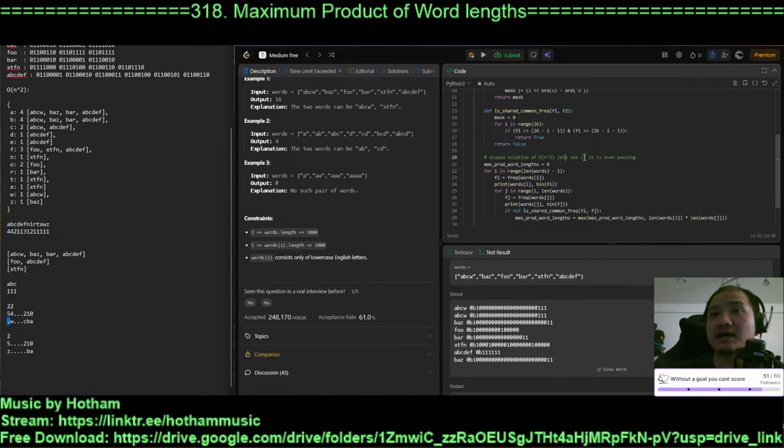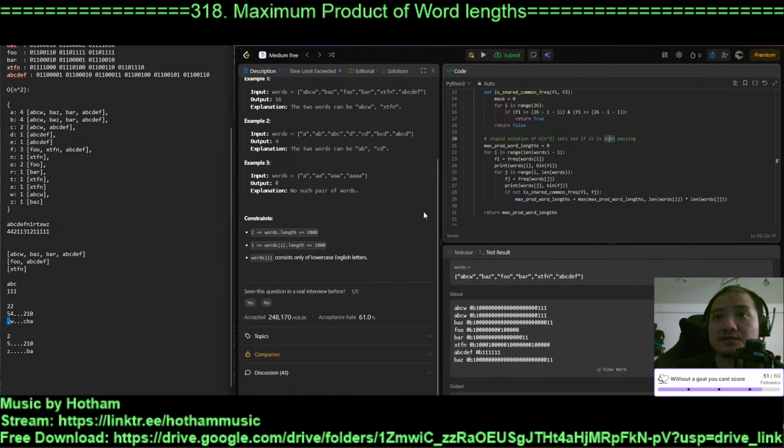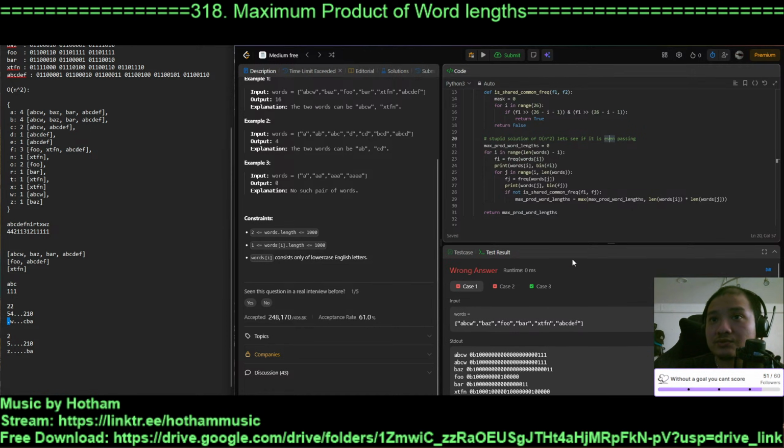So let's add the cache here. Before we add the cache, make sure that everything's working. B A Z, okay, good. B A R, okay. So first we do plus 1, right?